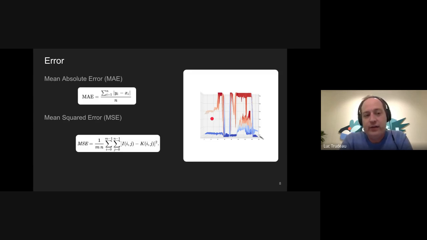Whereas the mean squared error is a bit slower, but the advantage of that one is that because we square a value, for example, if I have 5 differences of 1, the square of 1 is still 1, so that will just sum to 5. But if I have 1 pixel that's off by 5, then the square of 5 is 25. So the MSE will be more sensitive to bigger values or bigger differences.